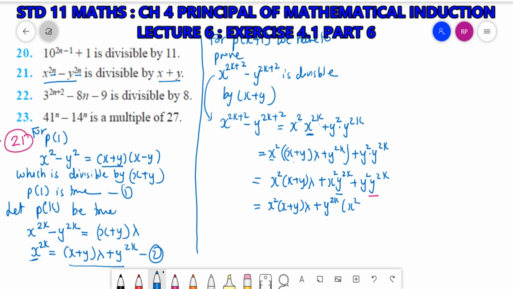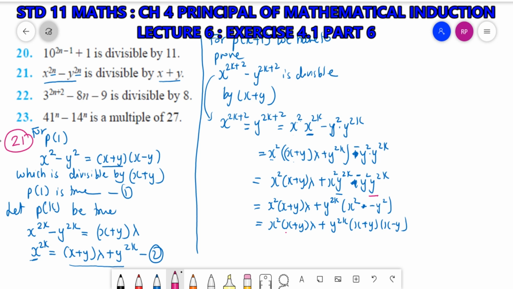I will get x square minus, sorry, my mistake, here it's minus. So it will be x square minus y square. What is x square minus y square? (x plus y)(x minus y). So x square (x plus y) lambda plus y raised to 2k (x plus y)(x minus y).